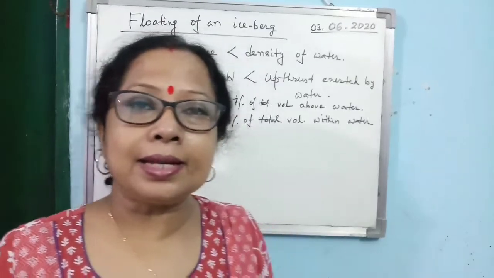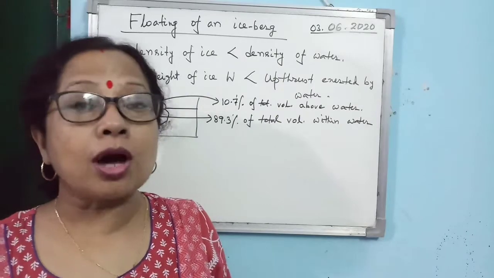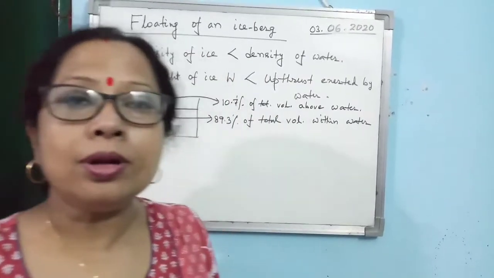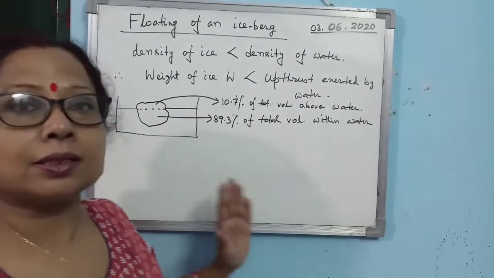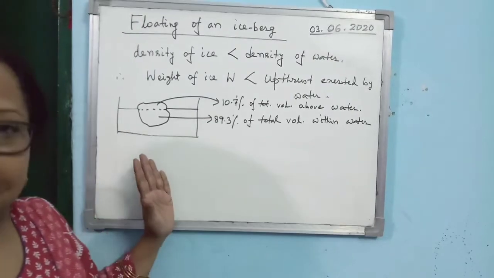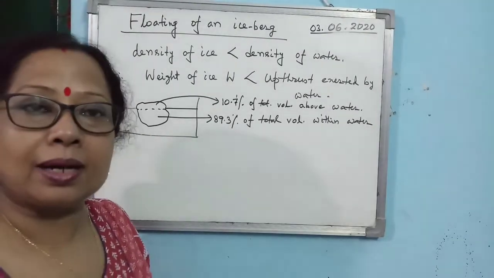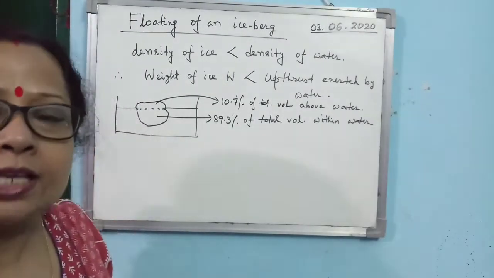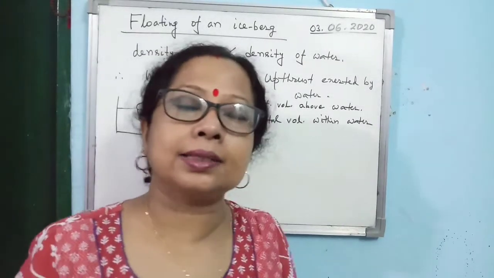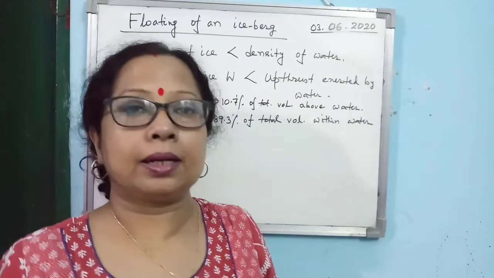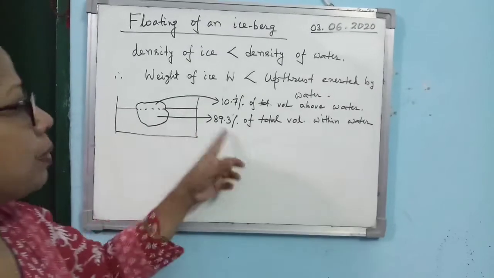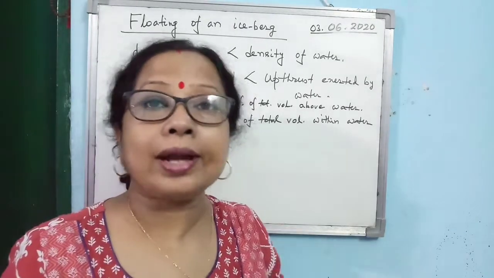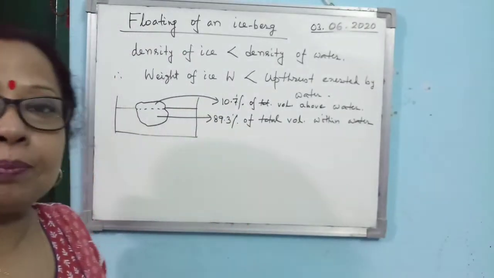What is the cause that the Titanic sank? Due to the fact that it collided with an iceberg, isn't it? So what is an iceberg? The big pieces of ice floating in water are generally called icebergs. Icebergs are very dangerous, a threat for sailing ships in the seas.